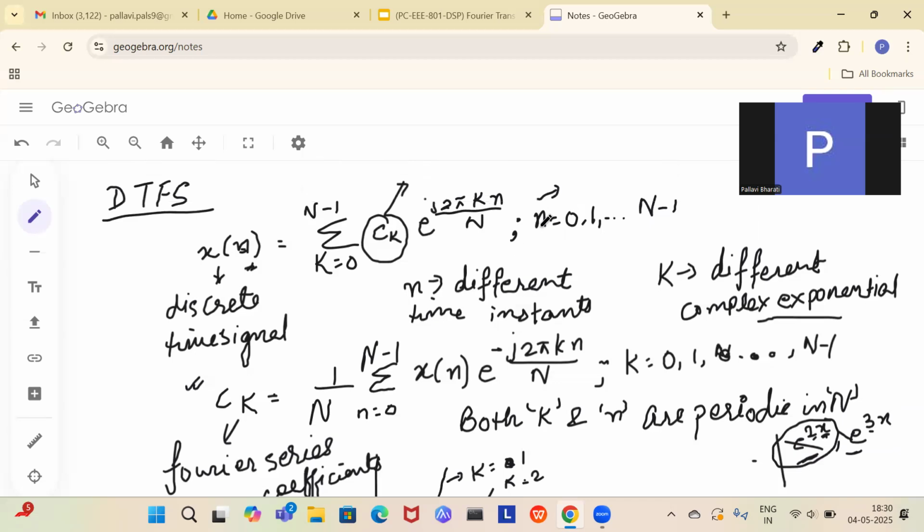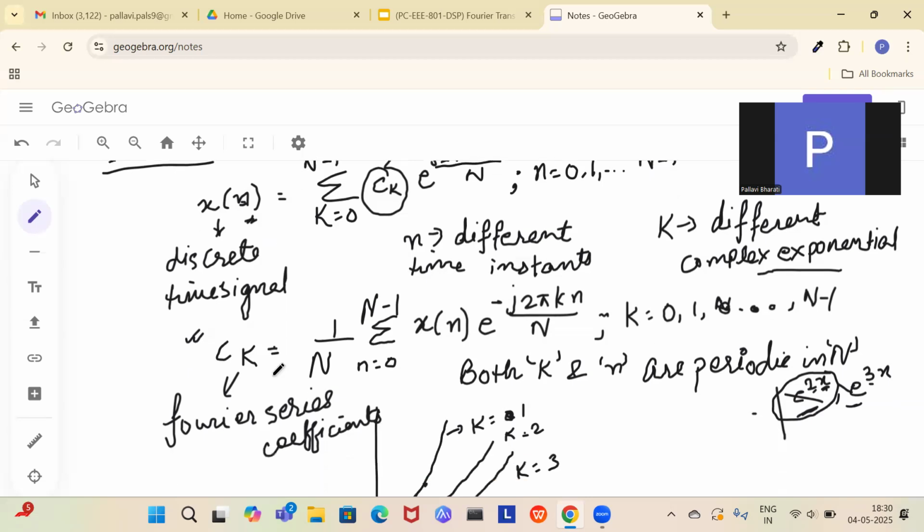Now, if we want the original signal back, we need to use this formula: xn is equal to the sum of ck times the complex exponentials. Here we had two different variables, small k and small n, and this capital N. Capital N is basically the time period or the fundamental period. Small k is denoting different complex exponentials, and small n is denoting different time instants.